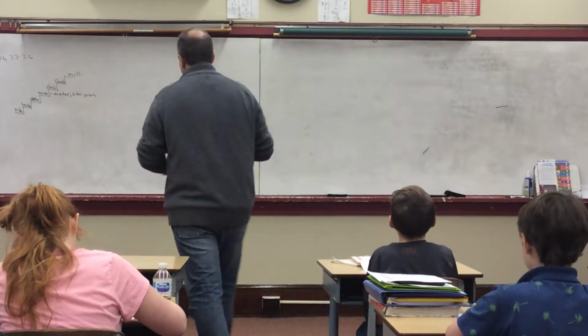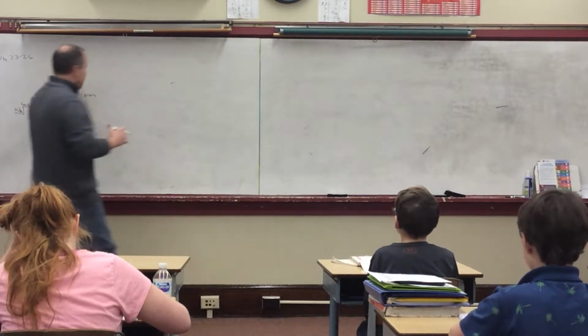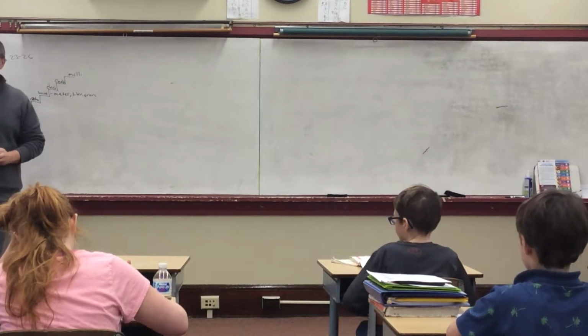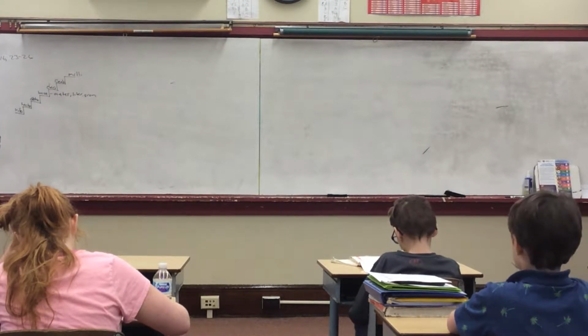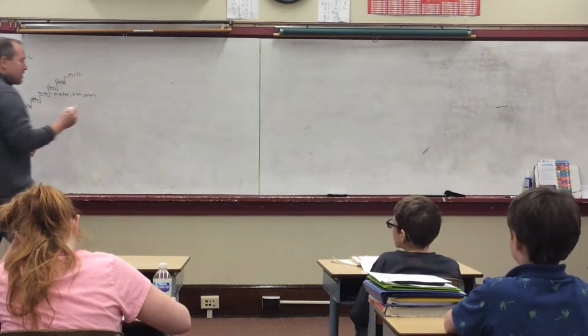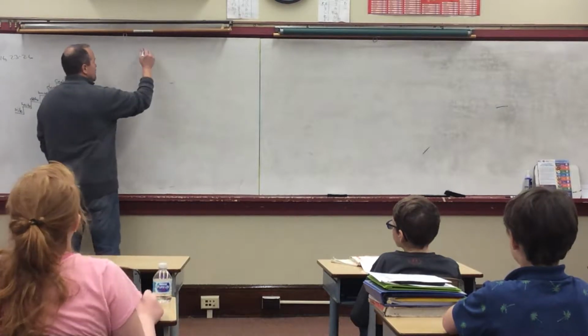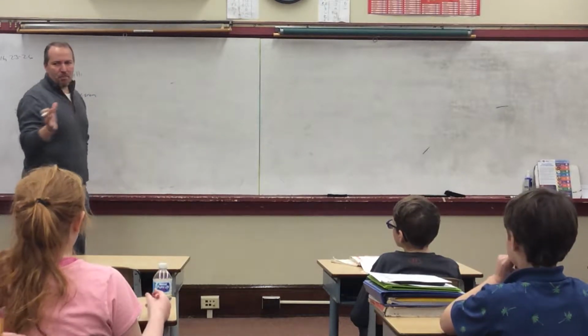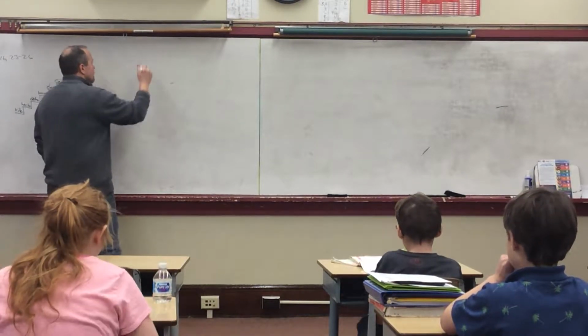Okay? So, even with this, with multiplying and dividing for the metric system, I still want you to write the steps down. Now, in your notebooks, it should be in your notebook. If not, write this down.